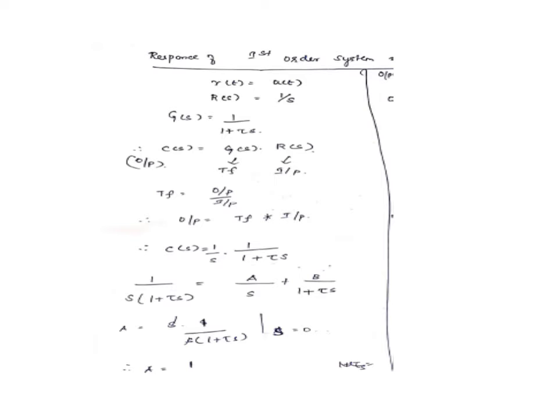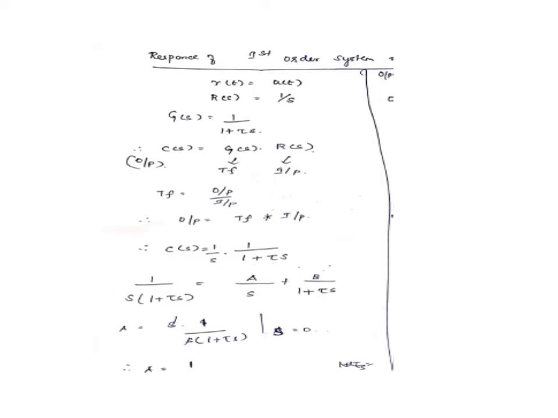And we will take the cross multiplication, and you can find what is on this side. We are not going to consider that. In order to find a, I have to consider only these two, and for b I have to consider only these, right? So a equal to, cross multiplying, s divided by s into 1 plus tau s.